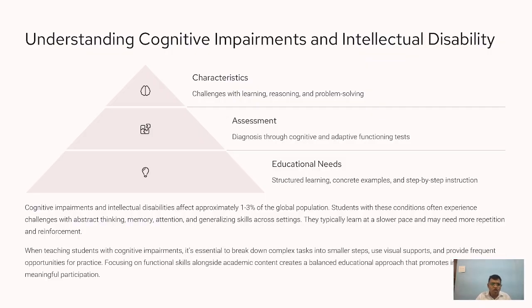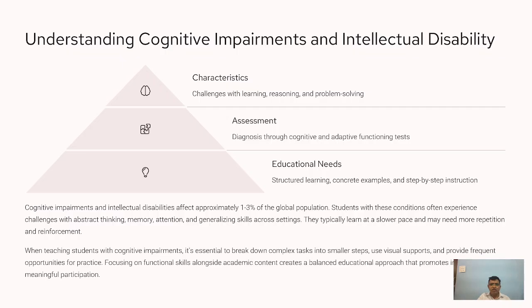Cognitive impairments and intellectual disabilities affect approximately 1 to 3% of the global population. Students with these conditions often experience challenges with abstract thinking, memory, attention, and generalizing skills across settings. They typically learn at a slower pace and may need more repetition and reinforcement.